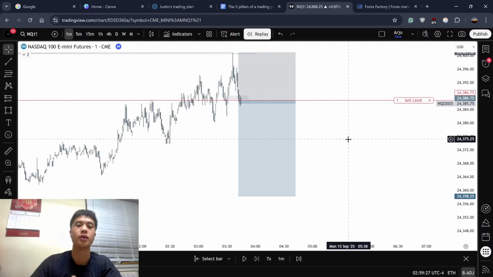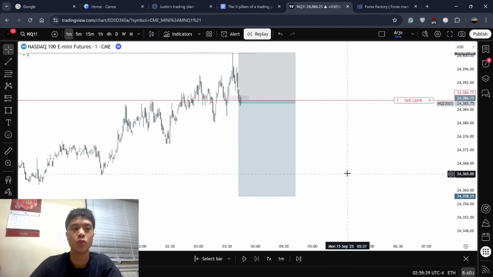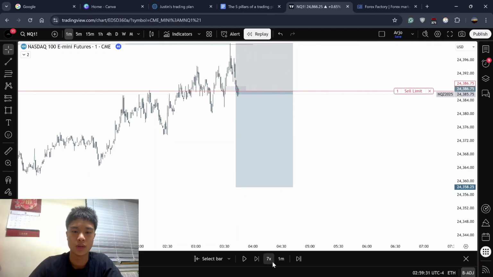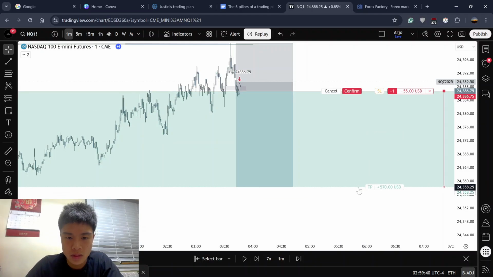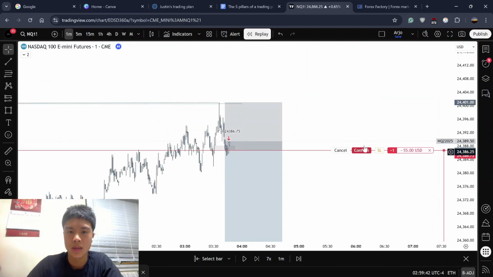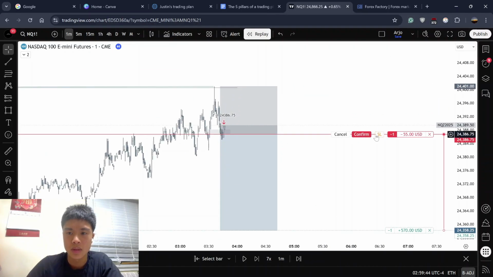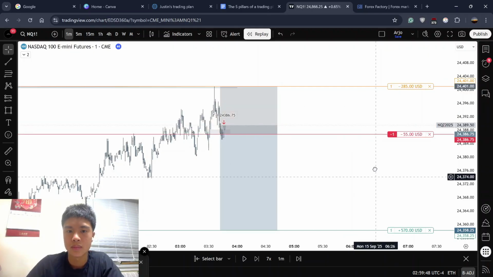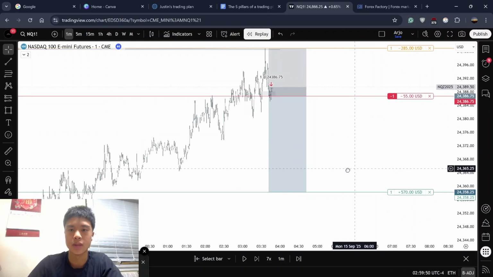So just for this example, I'm just going to be using one NQ contract. So let's see how this plays out. Okay, we get tagged in, and our take profit is right here, and our stop loss is right here.